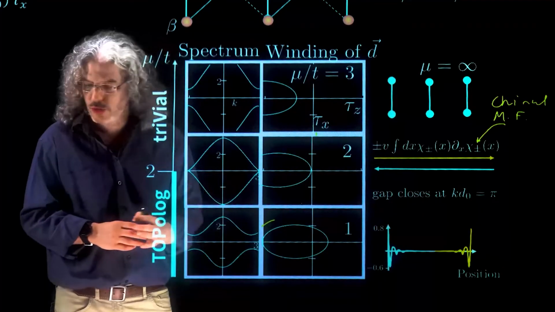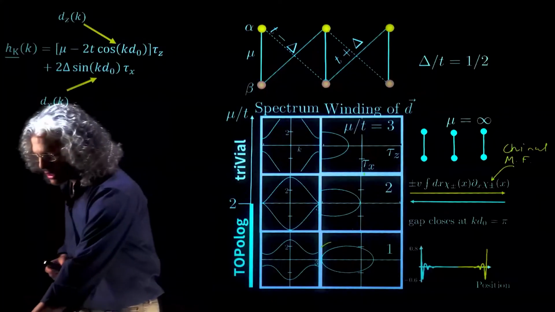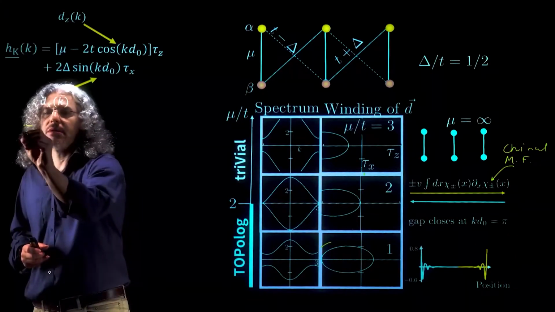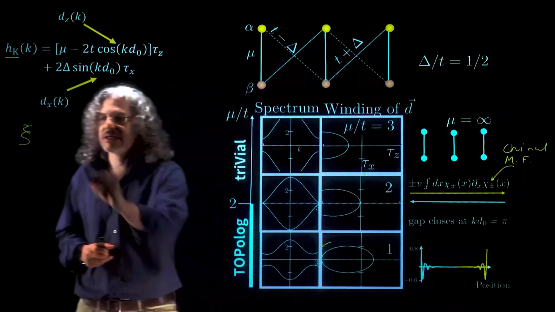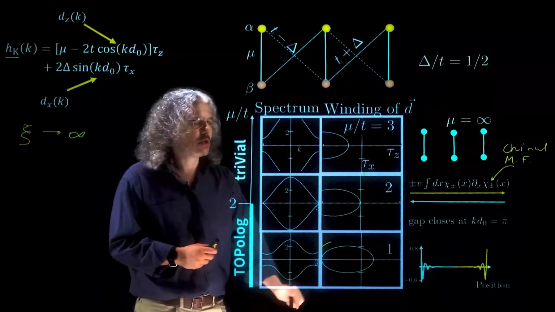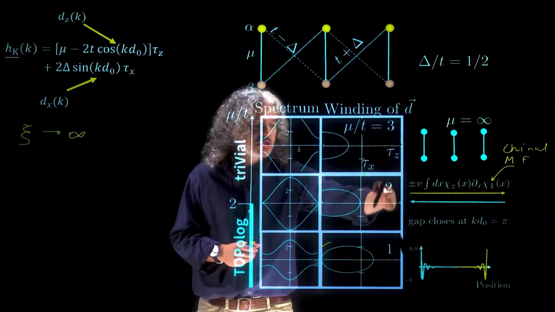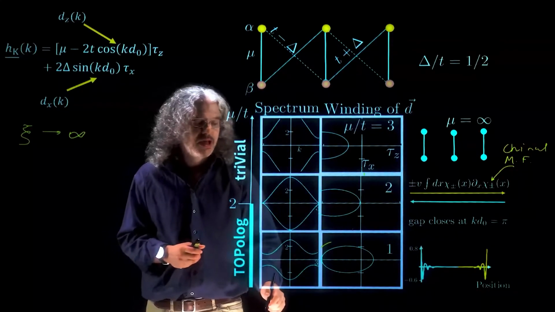One way to think about it is that it has some decaying length, a localization length, which is called psi. So when the gap closes, psi goes to infinity, and when we are in the topological situation, there is a localization length psi of the Majorana modes near the ends.